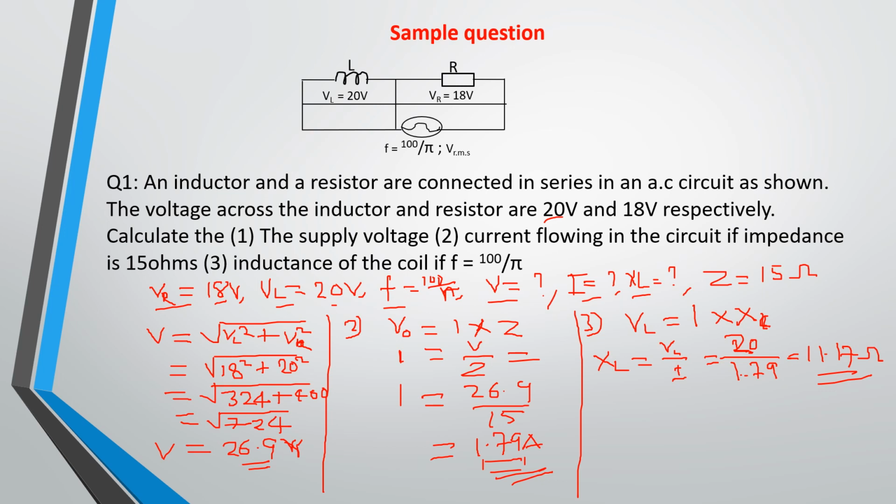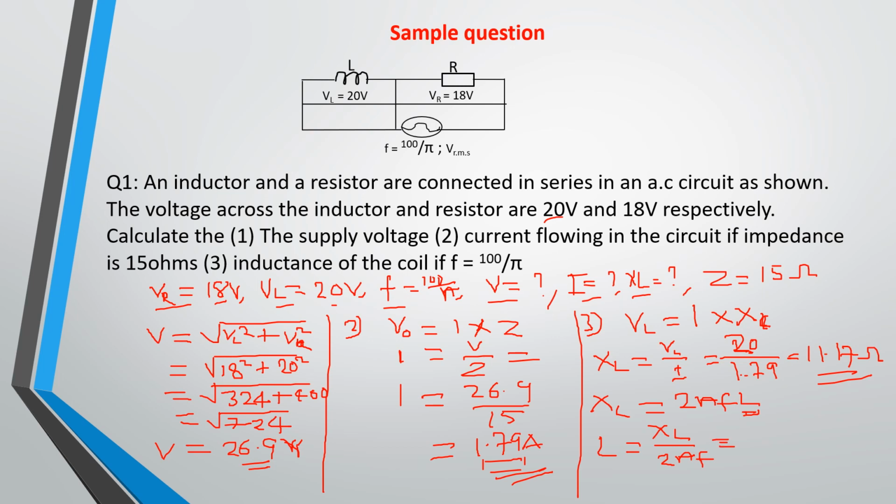Then we know that the reactance of the inductor XL is equals to 2 pi FL. So what we're looking for is this L. That is the inductance of the coil. So you make this L the subject of your formula so that you have L is equals to XL all over 2 pi F. Okay, so you can substitute all these values into this particular equation to get your inductance.